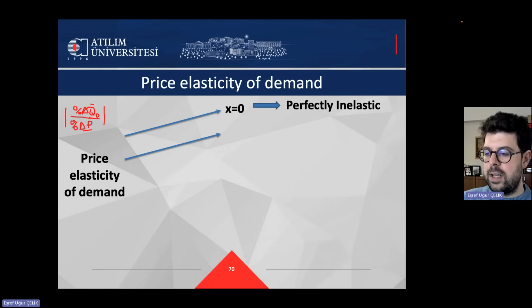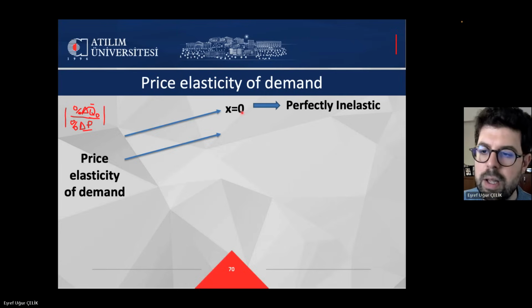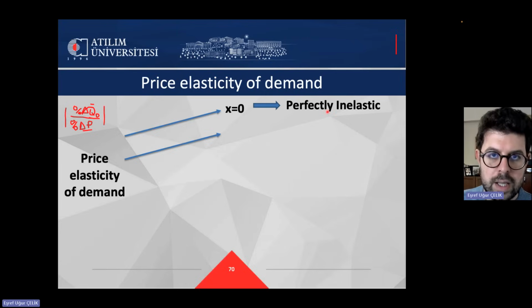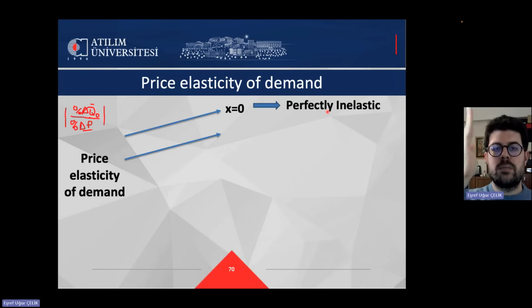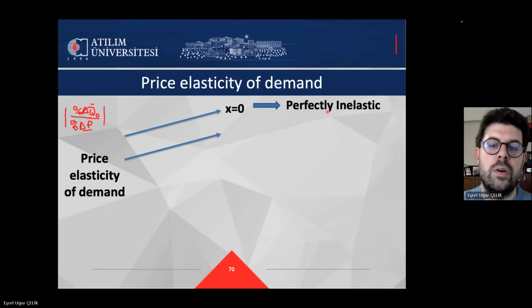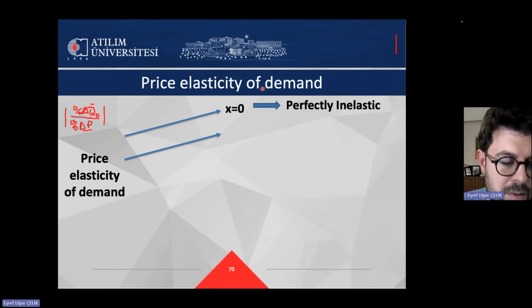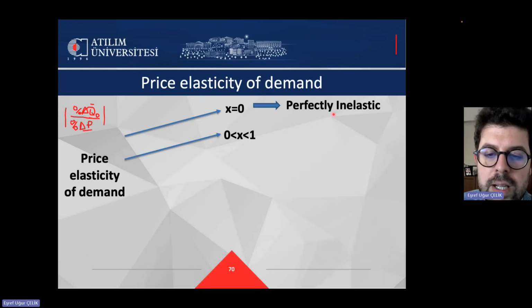If the answer is equal to 0, that is called perfectly inelastic, and the shape is like that. As it goes from inelastic to elastic, the curve becomes more horizontal, okay? But don't forget, if the answer is equal to 0, that is perfectly inelastic.